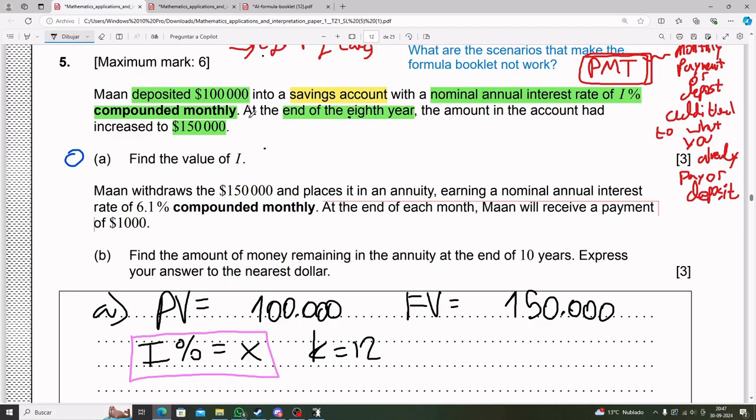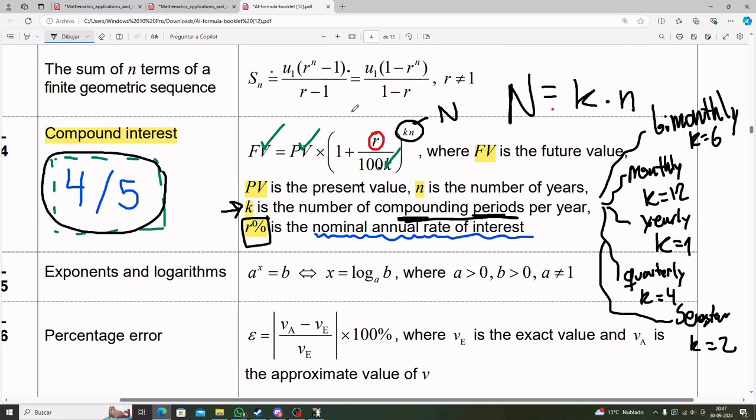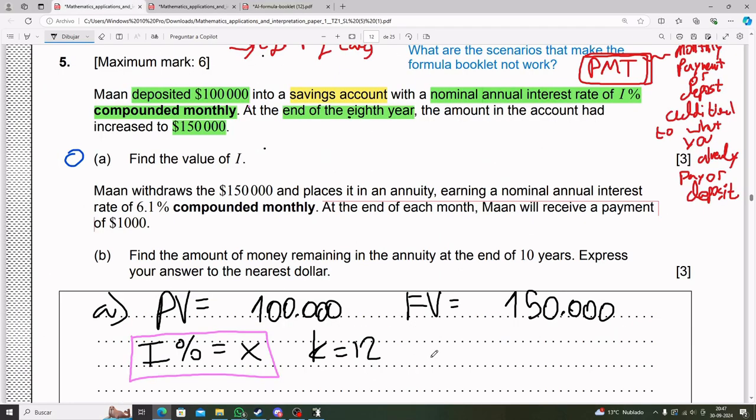And they also tell you that at the end of the 8th year, my man deposited $100,000, which compounds monthly, and after 8 years the amount was $150,000. So little n is going to be 8 years, right?